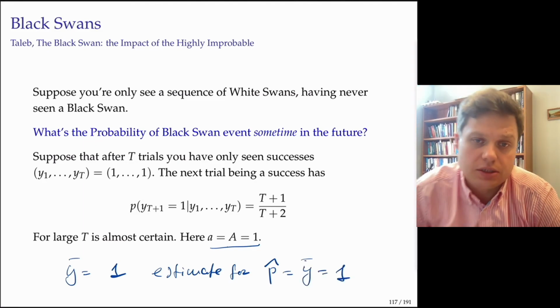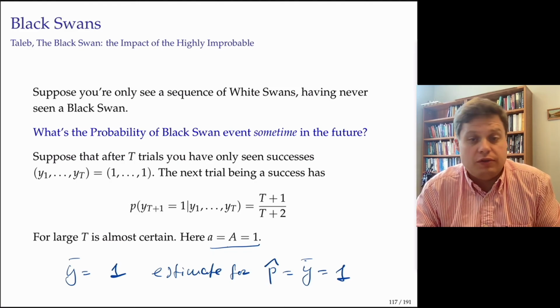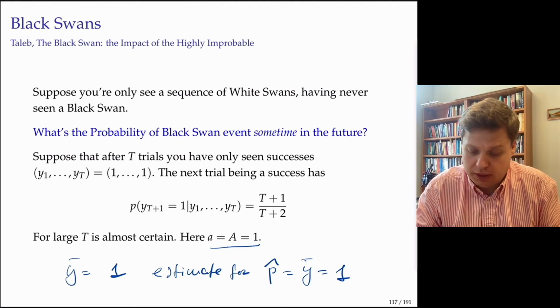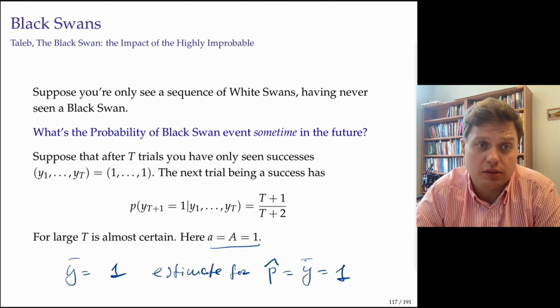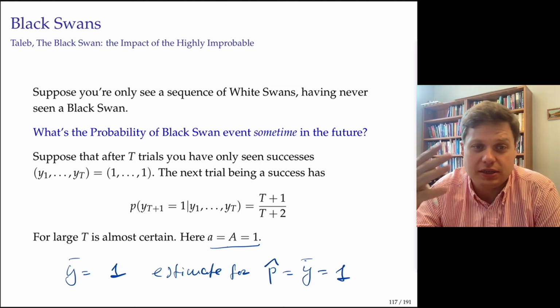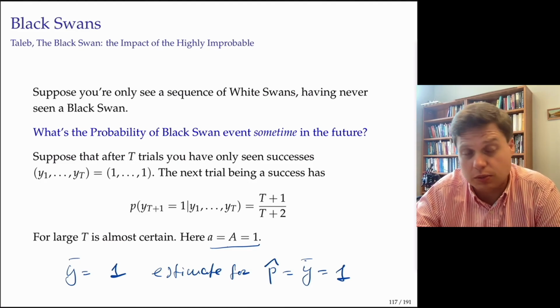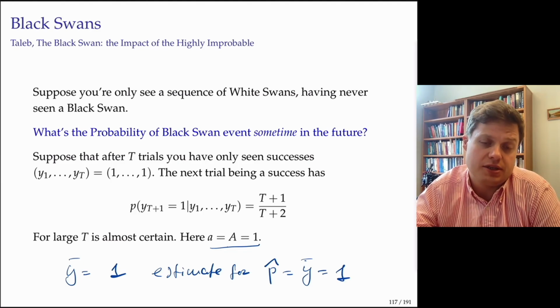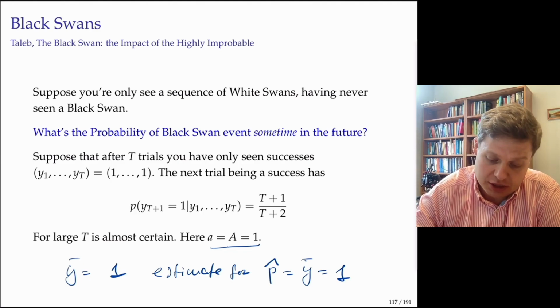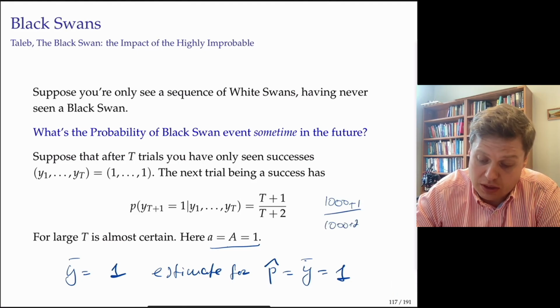So the frequentist estimation will say, yes, if we've observed only ones so far, then if we want to predict what's going to happen tomorrow, we're going to predict with probability 1 that the next observation of y is going to be 1 as well. So let's say you see the sunrises, and you saw 1,000 sunrises so far, and you try to predict whether the sun will rise tomorrow or not. The frequentist says, yeah, the sun will rise tomorrow for sure, and the Bayesian says, no, actually, the probability that the sun will rise is 1,000 plus 1 divided by 1,000 plus 2. So it's a number very close to 1, but not exactly 1.